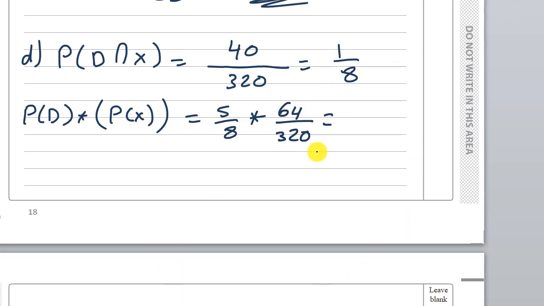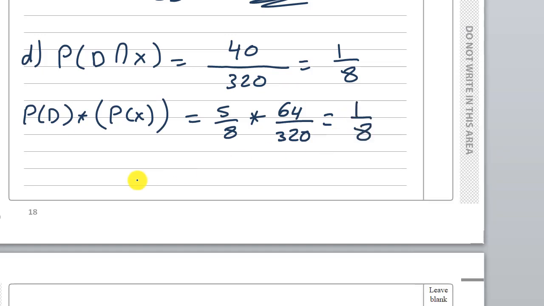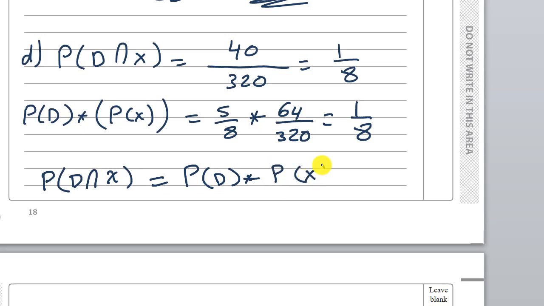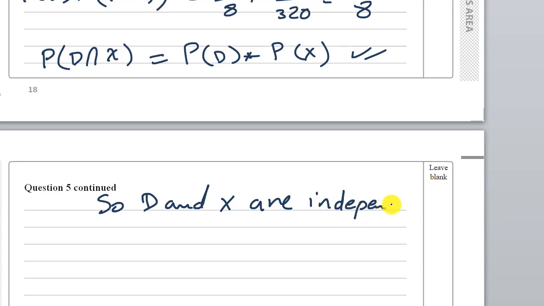So 5 multiplied by 64 divided by 8 divided by 320 is 1 over 8. So now P of D intersected with X is equal to P of D multiplied by P of X. So yes, D and X are independent.